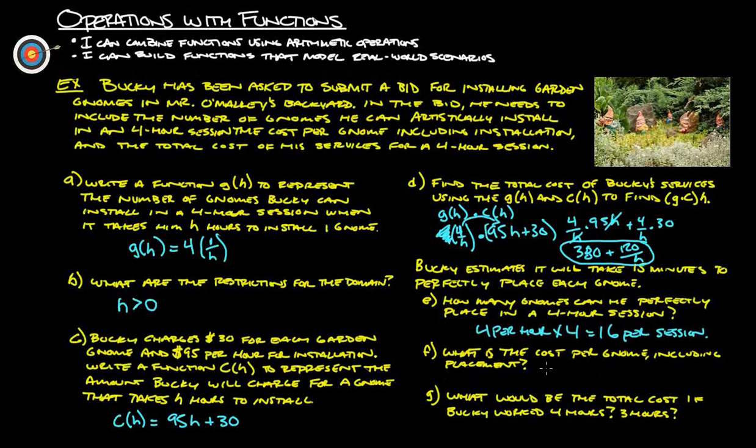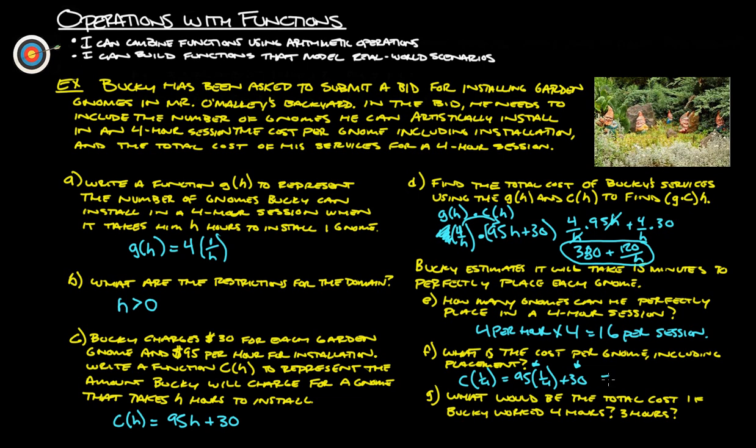Part F, what is the cost per gnome including placement? So the cost per gnome, we'll want to plug into the C of H here. So that's going to be cost, and we know that it takes a quarter of an hour to place every gnome, equals 95 times 1/4 plus 30. So remember, the 30 again is the cost of the garden gnome, and this is going to be like the hourly wage, but it only takes a quarter of an hour to place one.